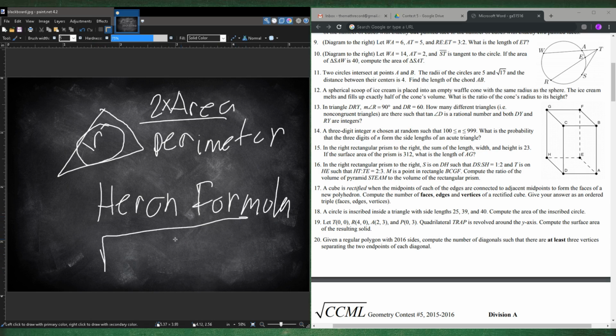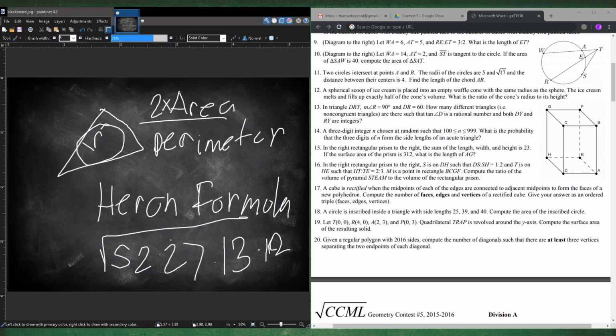So you have square root 52. Write that down first. And then you have 52 minus the 25. And then you have 52 minus the 39. And then you're going to have 52 minus the 40. So you basically have the semi-perimeter multiplied by each of the numbers that is the semi-perimeter minus a side length.